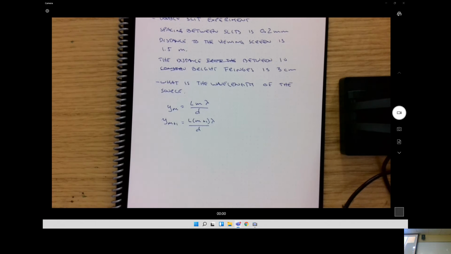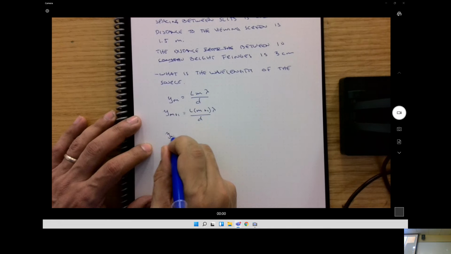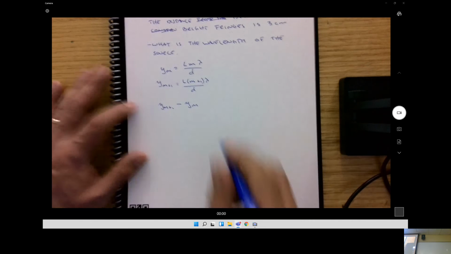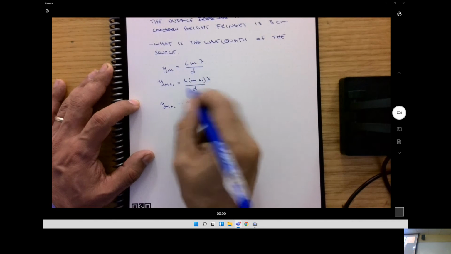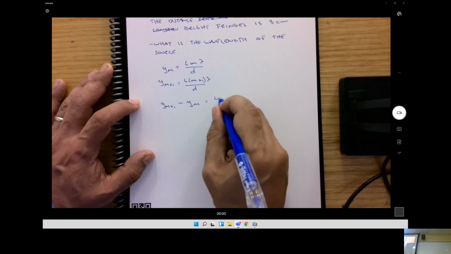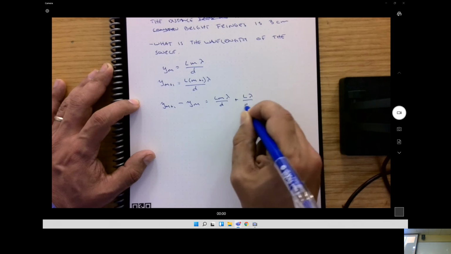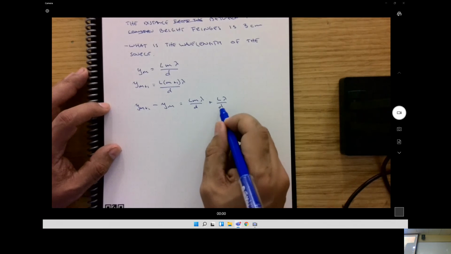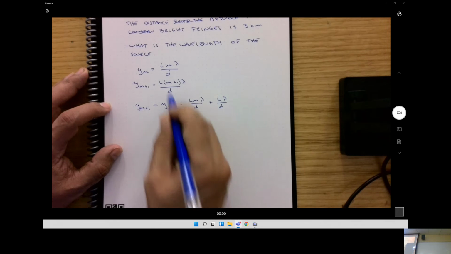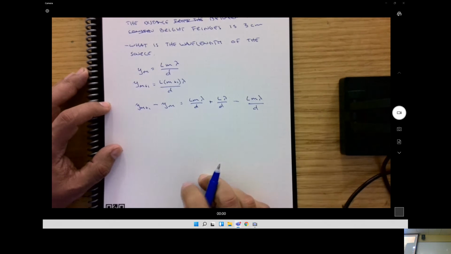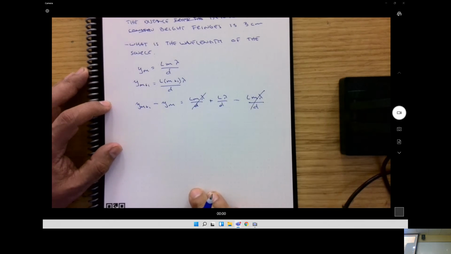Now I want to see what the spacing is in between the two of them, so I'm just going to subtract: y of m plus 1 minus y of m. Expanding the first one, I have L m lambda over D plus L lambda over D, and then I subtract y of m, which is L m lambda over D. You can see that these two terms cancel.